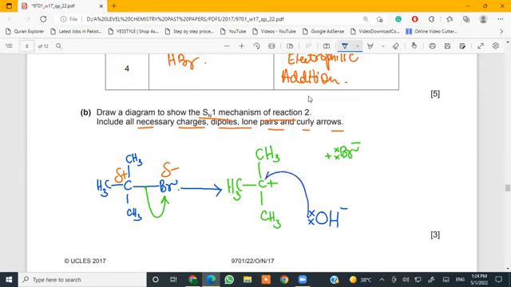Now, guys, be very, very careful while drawing the curly arrows, because examiners are very, very strict while checking the curly arrows. If the curly arrows are even slightly deviated up or down, you'll lose marks here, okay? So be very careful. Once this attack is completed, you're going to get your final product, in which you have the tertiary alcohol along with Br negative as the byproduct.